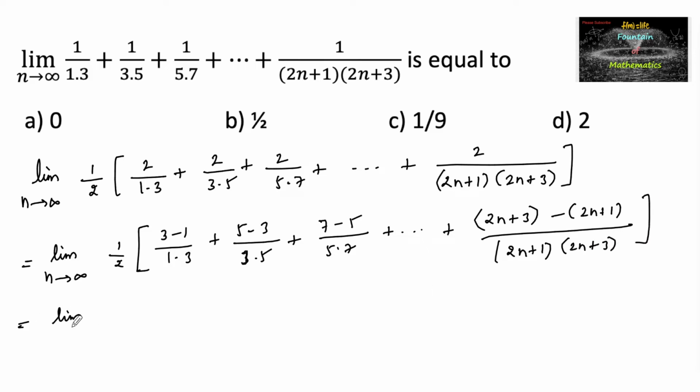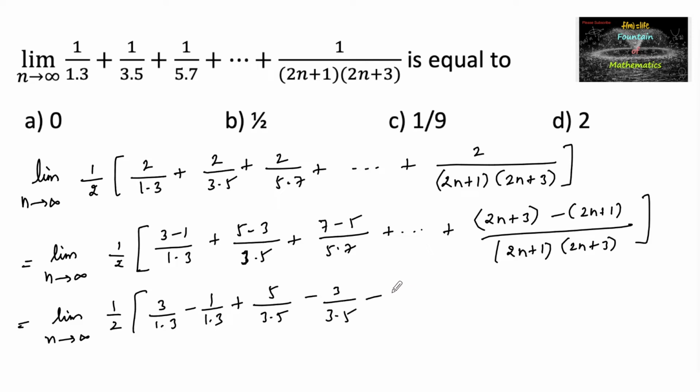So which is equal to limit n tends to infinity 1 upon 2 times of, so we can write here, 3 upon 1 into 3 minus 1 upon 1 into 3, plus 5 upon 3 into 5 minus 3 upon 3 into 5, plus 7 upon 5 into 7 minus 5 upon 5 into 7, plus and so on.